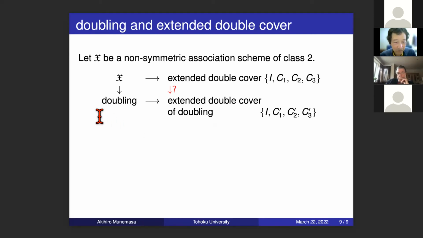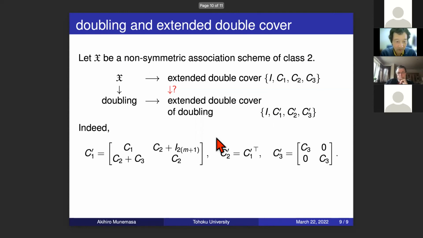So forget about the original non-symmetric association scheme of class 2, but we could start with the extended double cover, that is an association scheme of class 3, and directly construct what you would get by doubling and extended double cover.